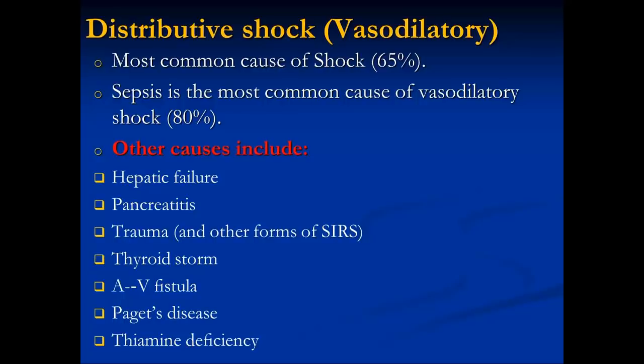Always exclude sepsis because it's a common cause, but also look for these. We deal a lot at Jewish with these patients. We have a lot. And remember, these patients have a high risk of infection to start with. So they not only have this chronic liver disease, but they also have a higher risk of infection, and you have to be looking into that.